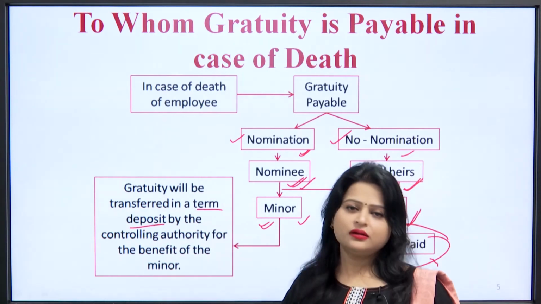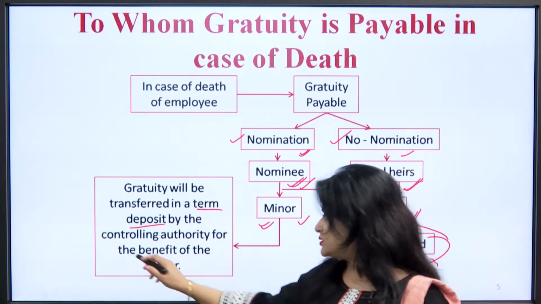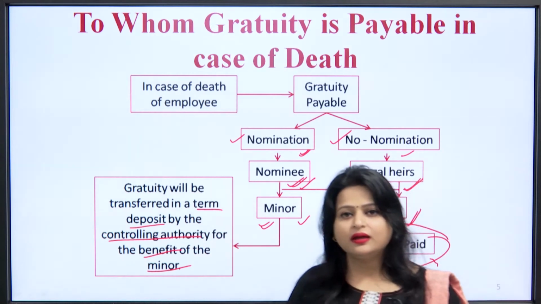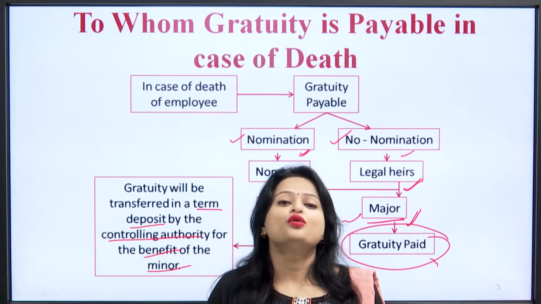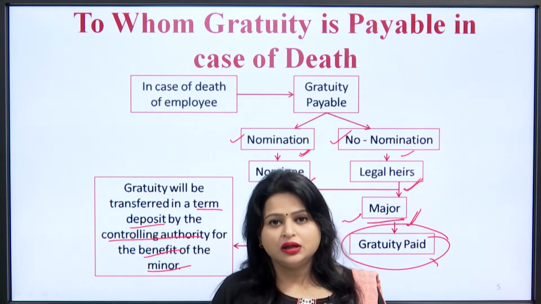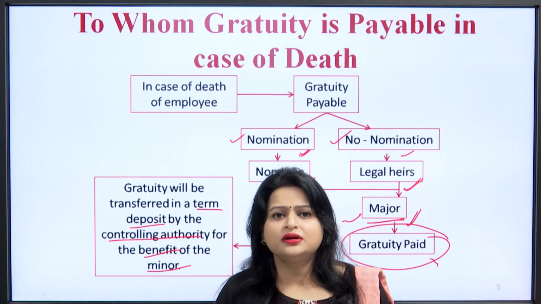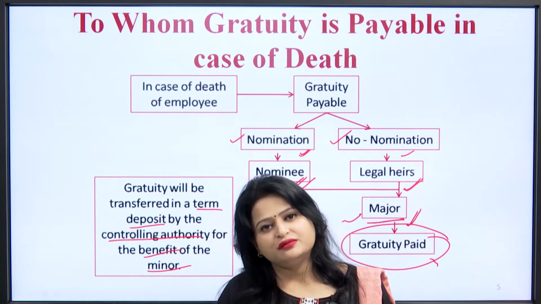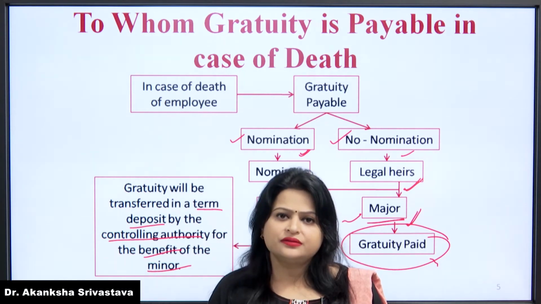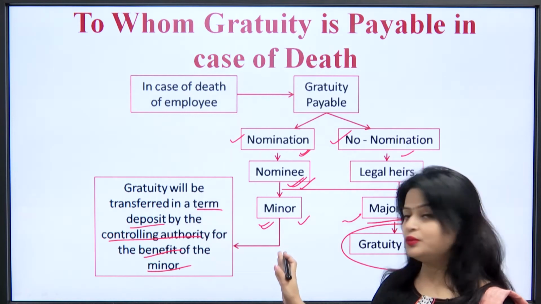Term deposit, that is basically an FD, a fixed deposit, by the controlling authority for the benefit of the minor. In that case, he will not receive the gratuity amount until he reaches the age of 18, and that gratuity amount will be kept in a term deposit by the controlling authority for the benefit of the minor. It is deposited somewhere in government banks. Okay. So, in case of death, who will receive the gratuity? This I have shown with this diagram.